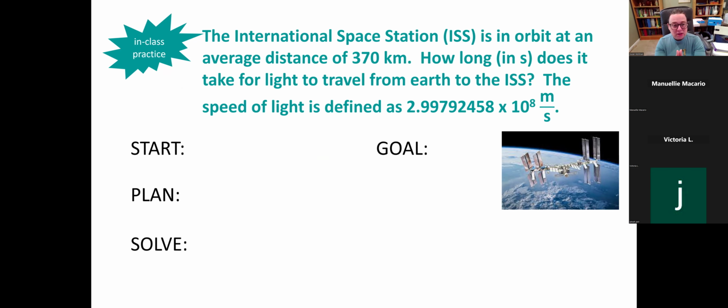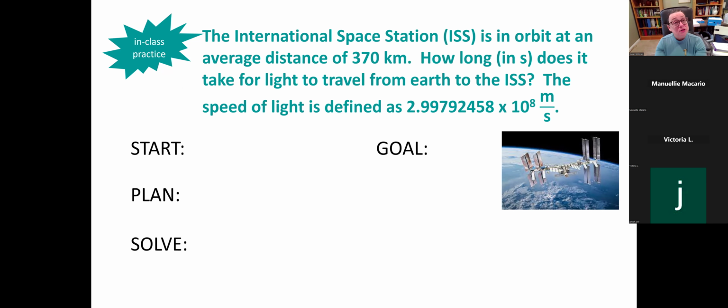It's a connection or a relationship, a conversion factor, if you will, between a distance and a time. So if you were going 40 miles an hour, that's telling you there's an equivalence there. Every 40 miles is going to take you 1 hour to drive, right? 40 miles equals 1 hour. With the speed of light, it's just a whole lot faster.